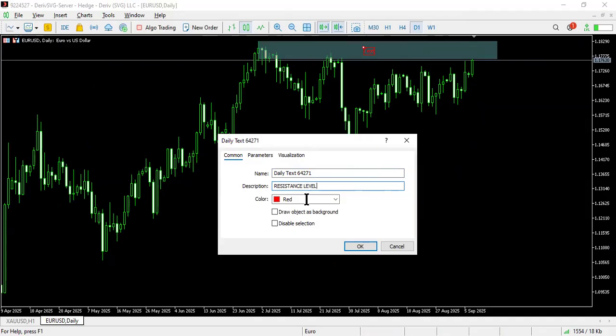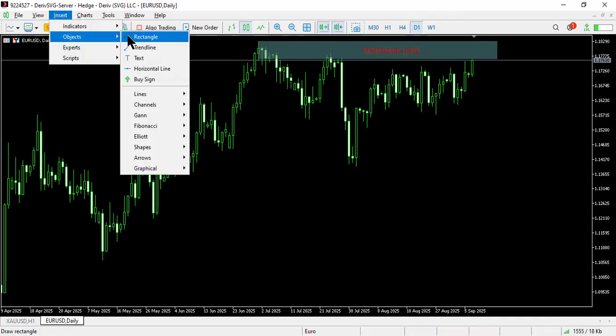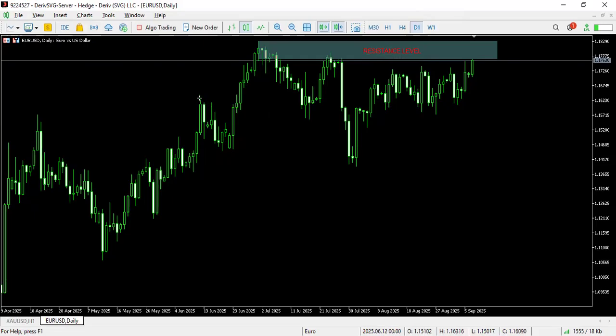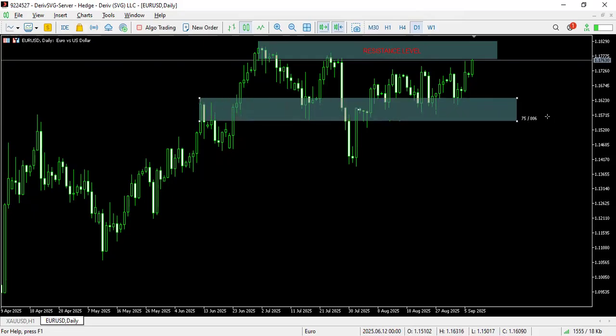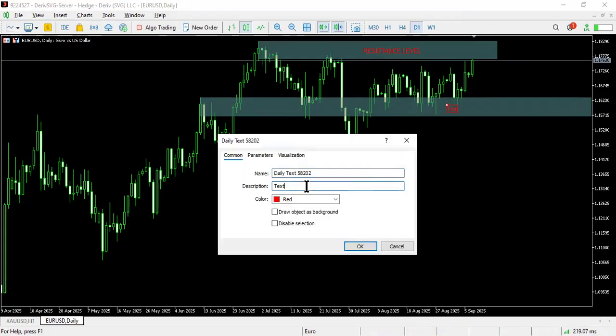So that is the resistance level, and our support. Into our support level. So EURUSD has been ranging between this support and resistance. That is our support level.